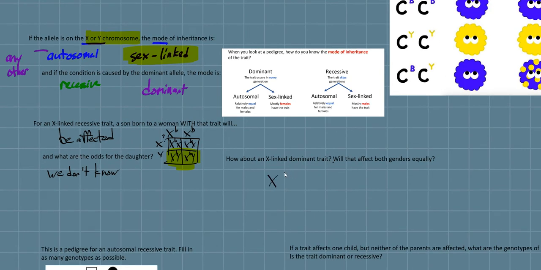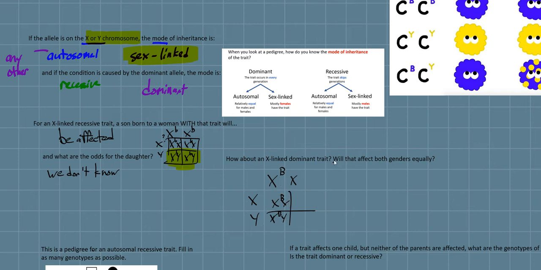Here, if we have the mother, and we don't know for sure what her second X chromosome would be, and for the father, we don't know what his are, and we do a Punnett square, we know that at least some of the time, both daughters and sons can be affected.